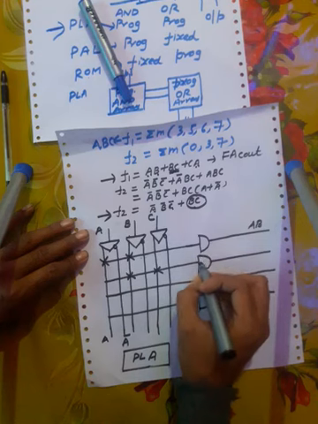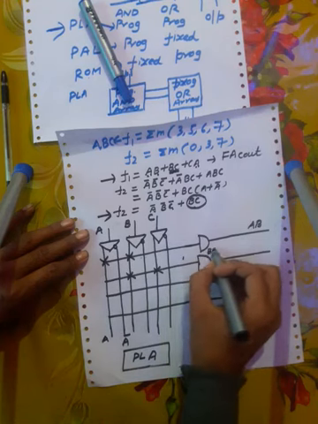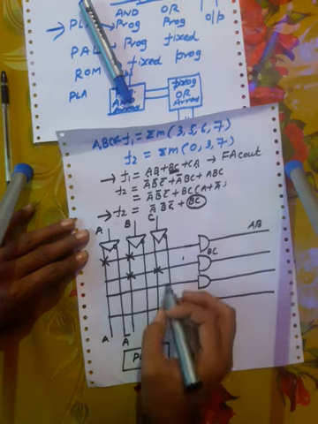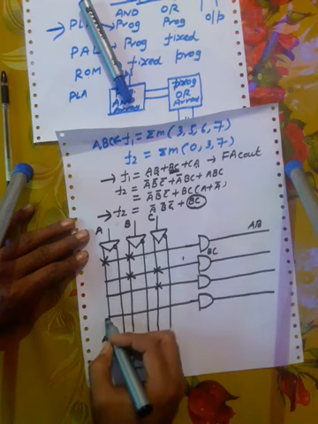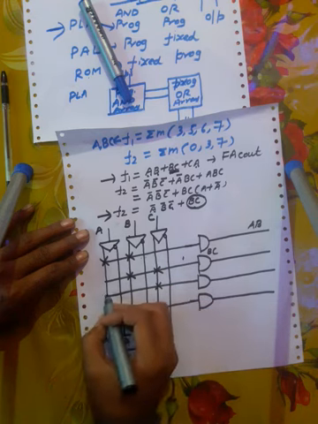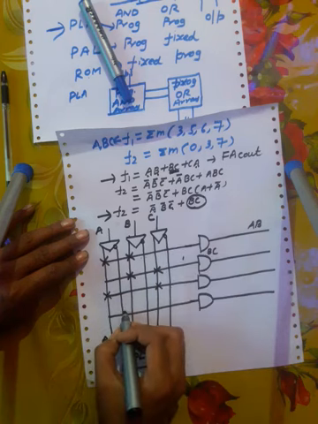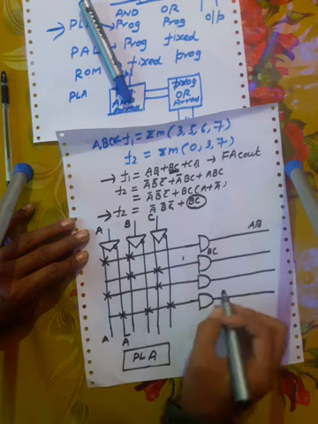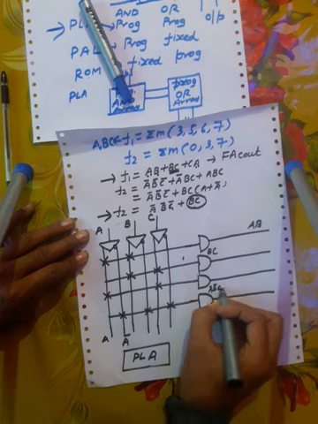This is your BC. Next, CA: C from here and A from here. Next, A bar, B bar, C bar. This is your A bar, B bar, C bar.